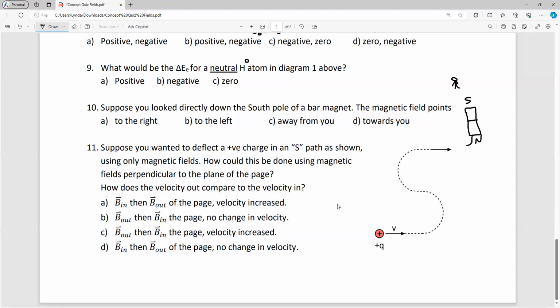Maybe they want to see it this way. The magnetic field lines going out of north could be away from or towards. They recommend answering away from you. So it looks like away from you towards south. And magnetic field lines are close at the ends, with high density. So you're looking at that end, the south end.